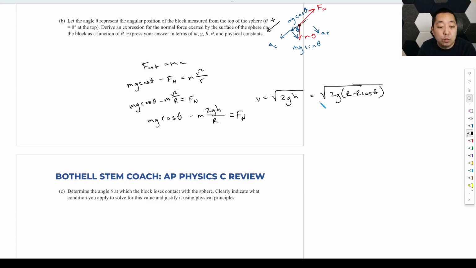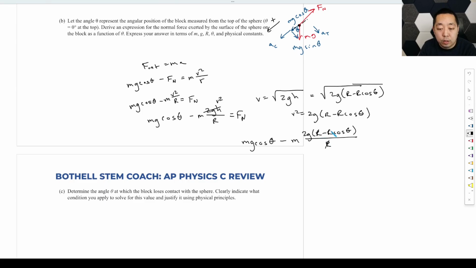Okay, so we can plug that in for our v squared, right? So v squared is going to be 2g times r minus r cosine theta. Plug that into there, and we get mg cosine theta minus 2g times r minus r cosine theta over r.